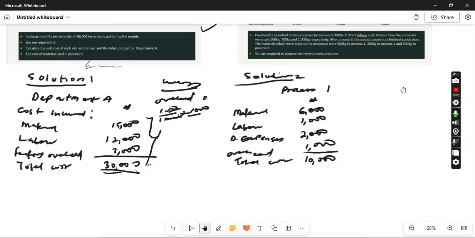So output for process one is 500 kilogram, 500 units. We don't know the unit cost yet, so how do we derive the cost?